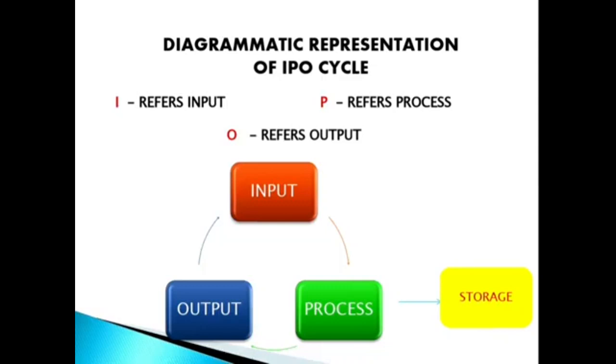Now see here, input goes to the process, then process goes to the output. Once again the output goes to the input. Sometimes the output will act as an input for another action. Sometimes when we get some output, that output is taken as an input for some other action. So this is the diagrammatic representation of the IPO cycle.